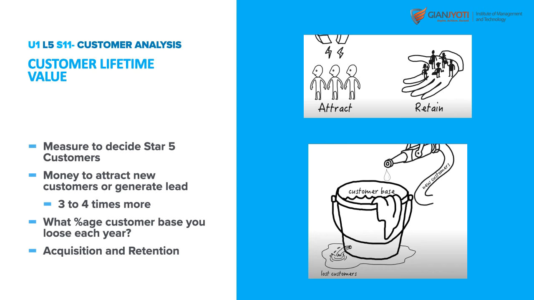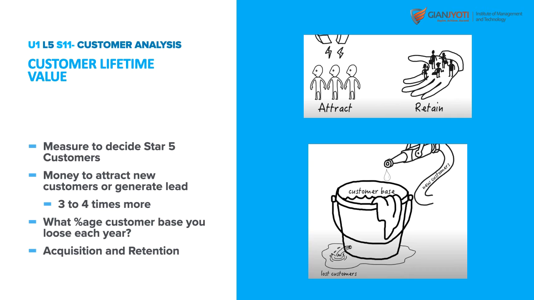Now let me give you one analogy which will help you understand acquisition and retention. For example, you have a bucket, and the water inside the bucket is your customer base. There is a capacity of the bucket, and you want to keep your water up to the full capacity.